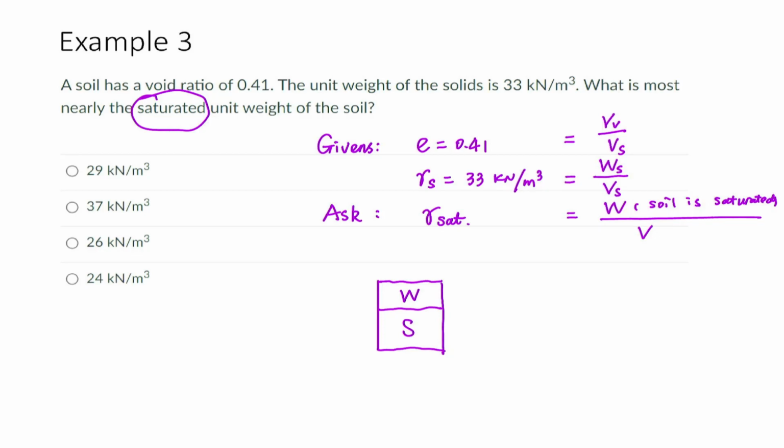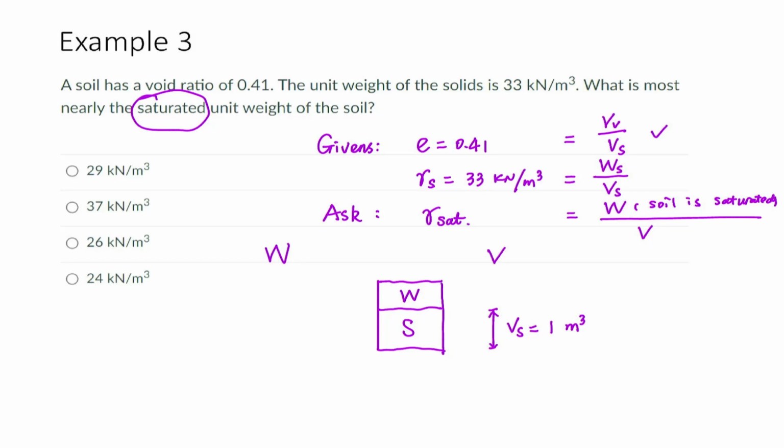We can start from the volume side and gradually go to the weight side. Because we already know the void ratio, it's a good idea to assume the volume of the solid is 1. We're talking about the metric system here, so we're going to go with 1 cubic meter.